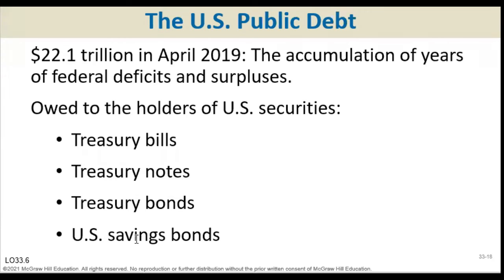We also have US savings bonds, or the long-term non-marketable security. So anyone who holds this security, right, you are the owner of the US public debt, and you are entitled to interest.